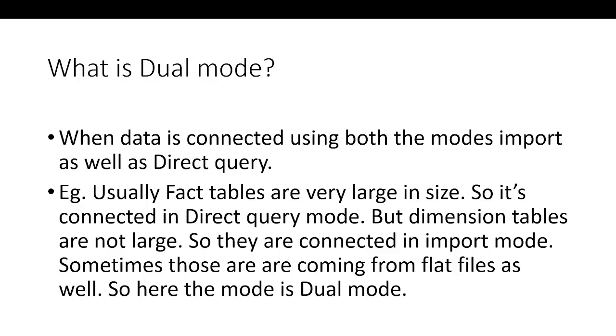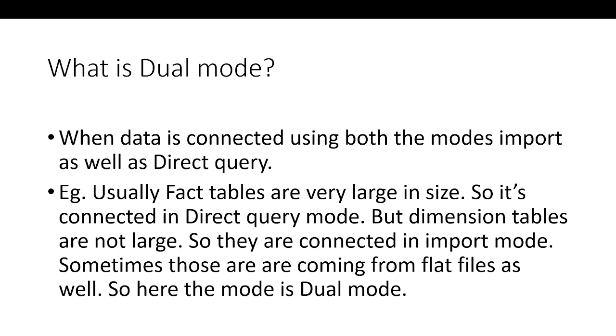What is dual mode? When data is connected with more than one mode, like import mode as well as direct query mode, that mode is basically dual mode. For example, in a real life scenario, usually fact tables are very large in size.